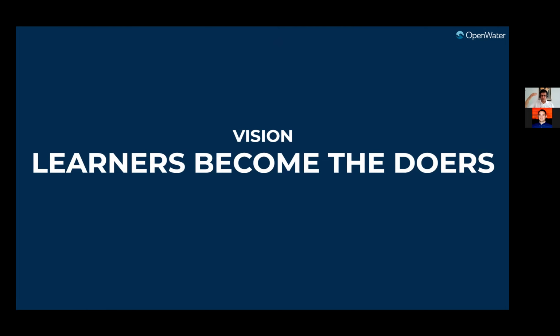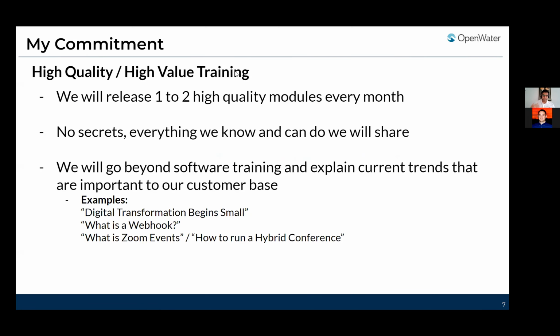So my vision is maybe a future society will be a group of people that are really learning things so that they can become the people that make changes and build the next layer of innovation and productivity for our organizations.